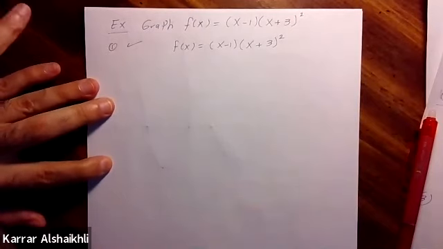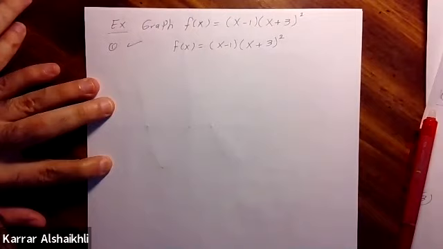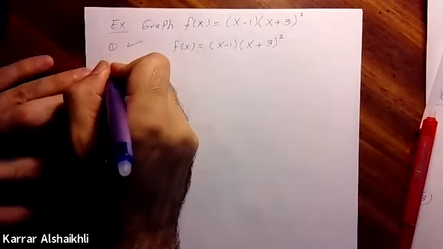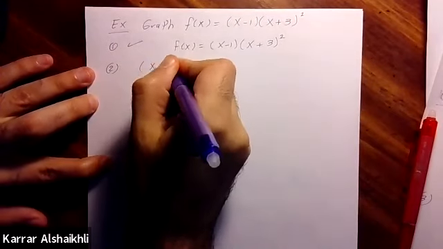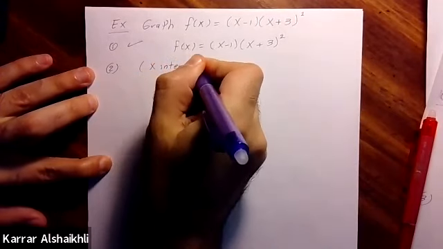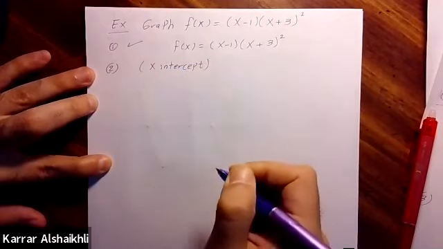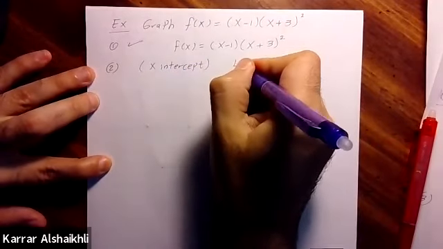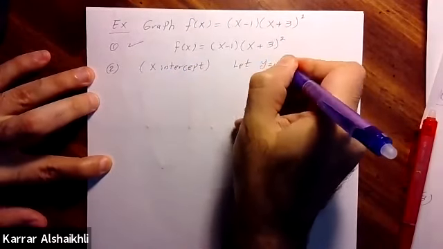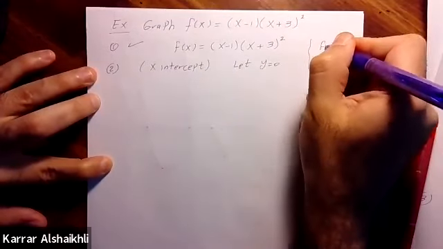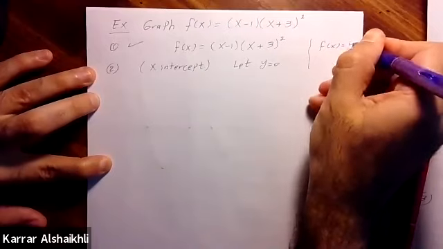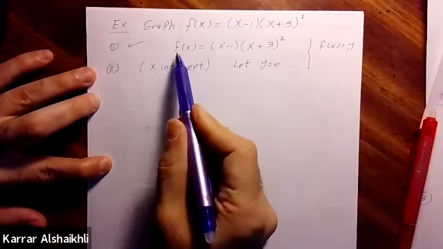Step 2 is to find the x-intercept. So step 2, here is the x-intercept. How to find the x-intercept? We're going to let y equal 0. Again, keep in your mind, f of x is the same thing as y.